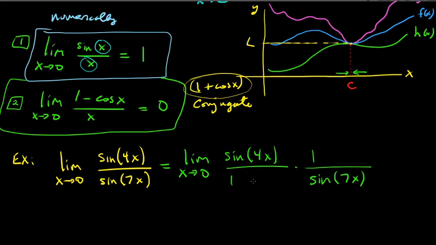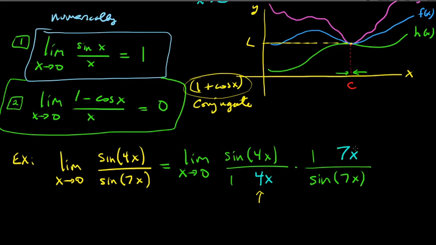I need the x, but I'm not taking the sine of x, I'm taking the sine of 4x. So I also need a 4 here. Now keep in mind that I just divided this whole thing by 4x, which wasn't there before, so I have to also multiply by 4x. Before I do that, keep in mind the 4 is still here. But we're going to do the same thing over here: put the 7x in the numerator to match the 7x in the denominator.